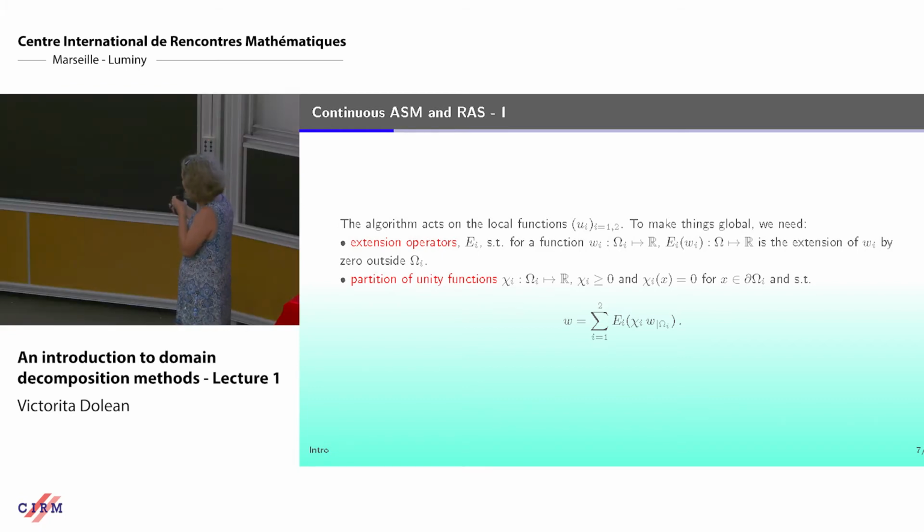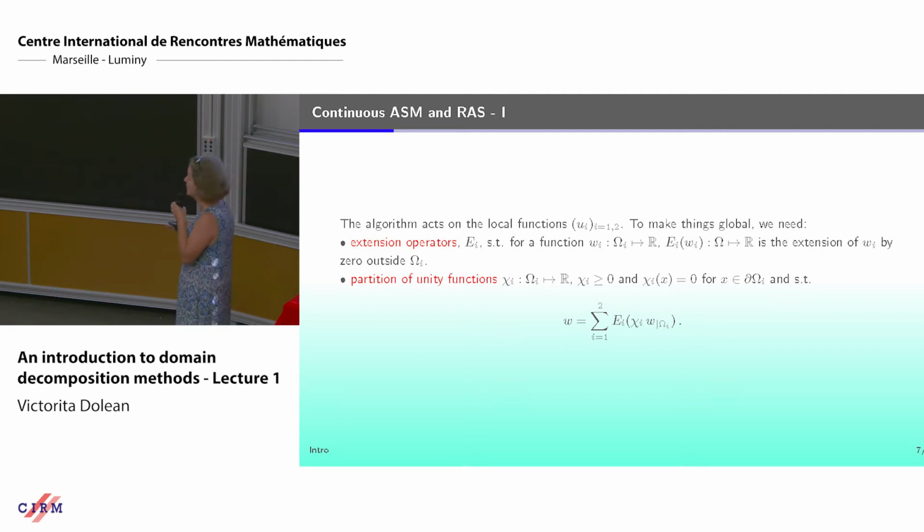Here I just put two domains, not to confuse you, but you can imagine if the domains do overlap, then partition of unity is simply something that can be 1, 0, 1/2, 1/3, right? And if you want something smooth, you have something that decreases smoothly from 1 to 0 in the overlap.